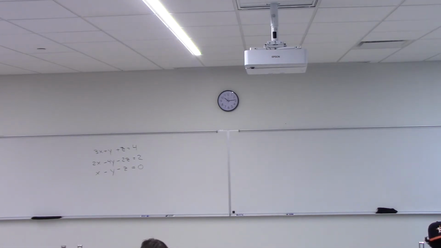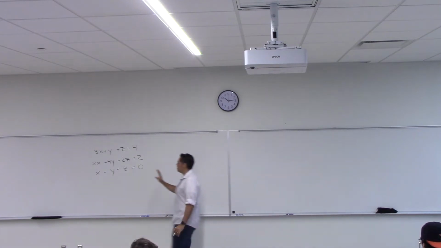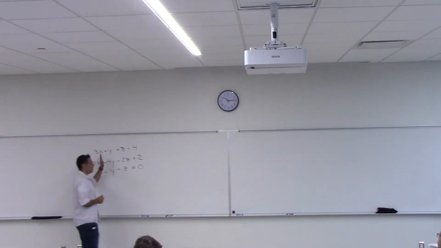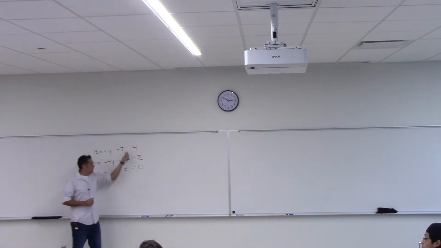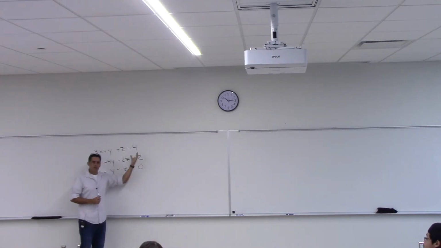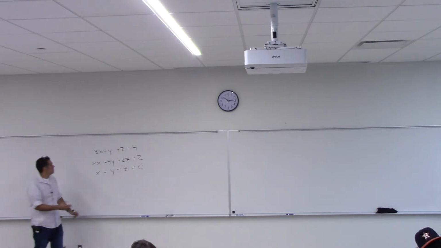I'm going to convert this into what we call an augmented matrix. And we don't need to get into the theory of this, okay? Just understand all I'm doing is making sure, first of all, that all my x's are lined up, y's are lined up, z's are lined up, equals, and then the number. And once I do that, I just write down what all the coefficients are, just the numbers.